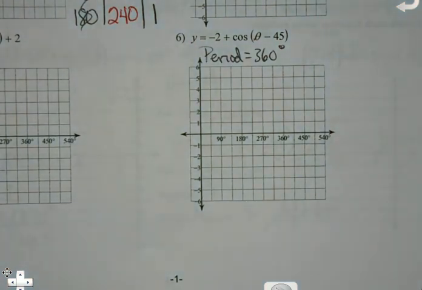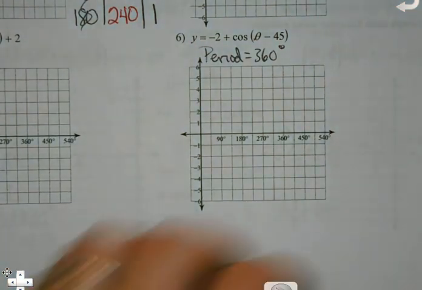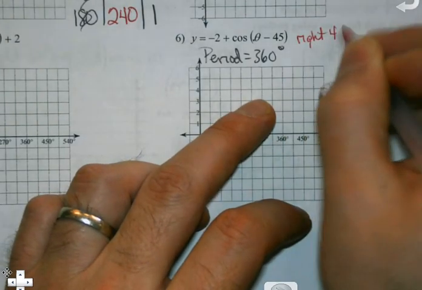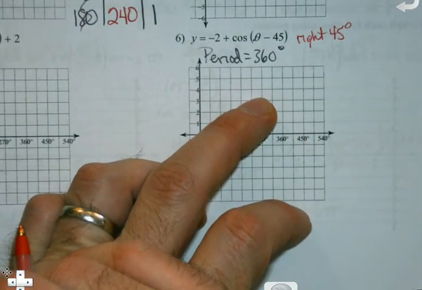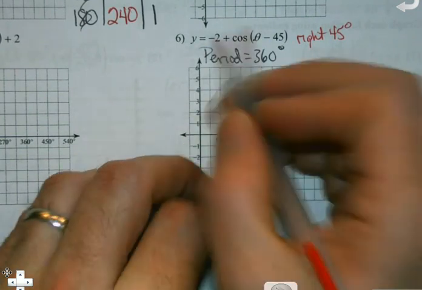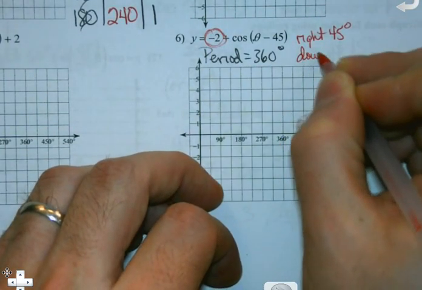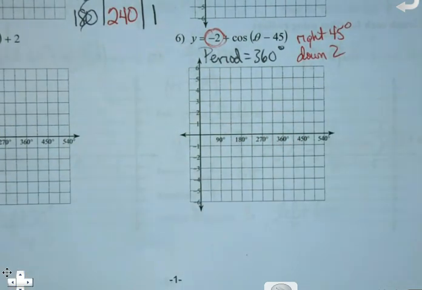But what am I looking at shift-wise? Okay, right 45 and down 2. Okay, here's the new one.